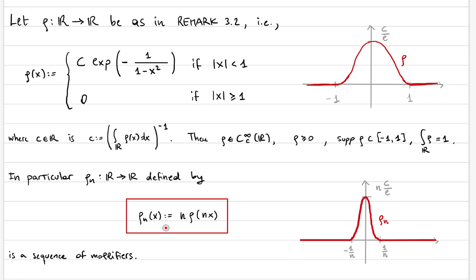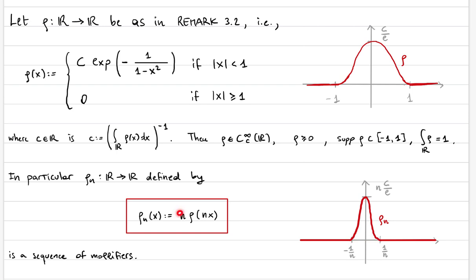So rho n of x is defined as n times rho evaluated at nx. You have to imagine that the profile of the resulting function is just this one. What we are doing is rescaling the spatial variable. This function is squeezing around the origin, and you see the support becomes minus 1 over n, 1 over n.